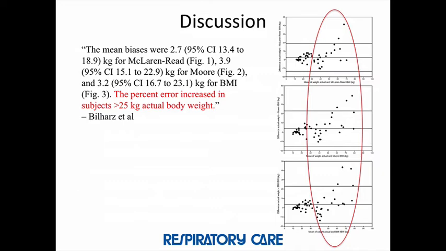So the cut point here, talking about greater than 25 kilograms, is within that red circle on this slide. Once you go above 25 kilograms, the percent error increased drastically. The highest dots on these graphs are above a 40% difference between actual and ideal body weight. So if you're using actual body weight in these subjects, you could be delivering 40% greater tidal volume than you should.